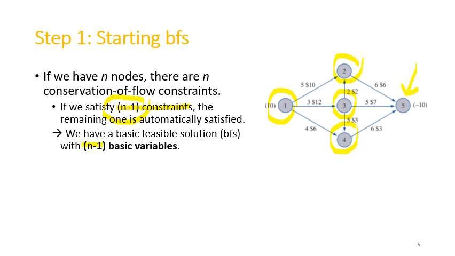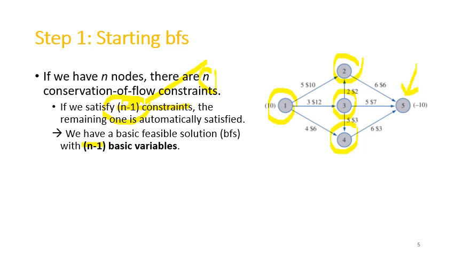If you recall, in the original simplex, the number of basic variables equals the number of constraints. Here in this problem, because we can ignore one constraint, originally we have n, but we can ignore one, so finally the number of basic variables is also n minus 1. So it's a good start.